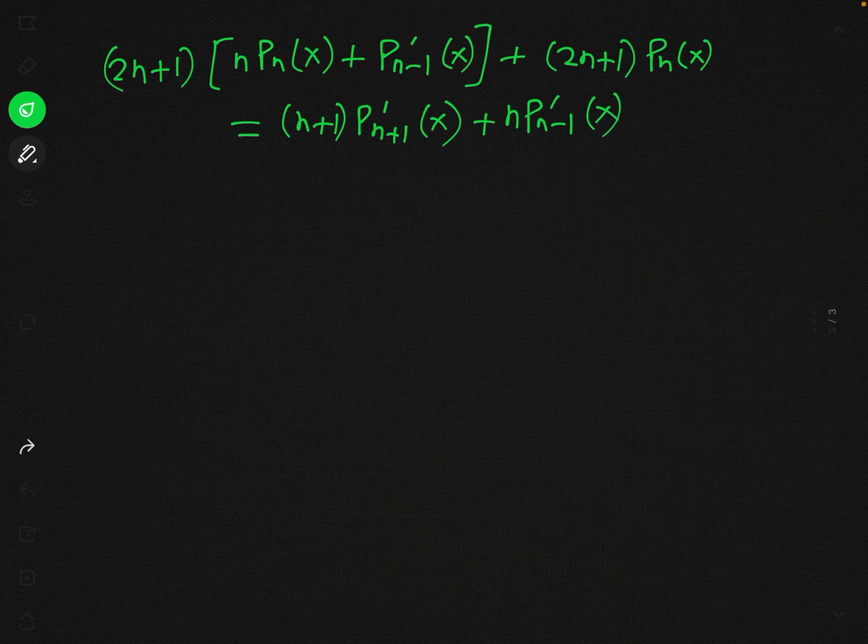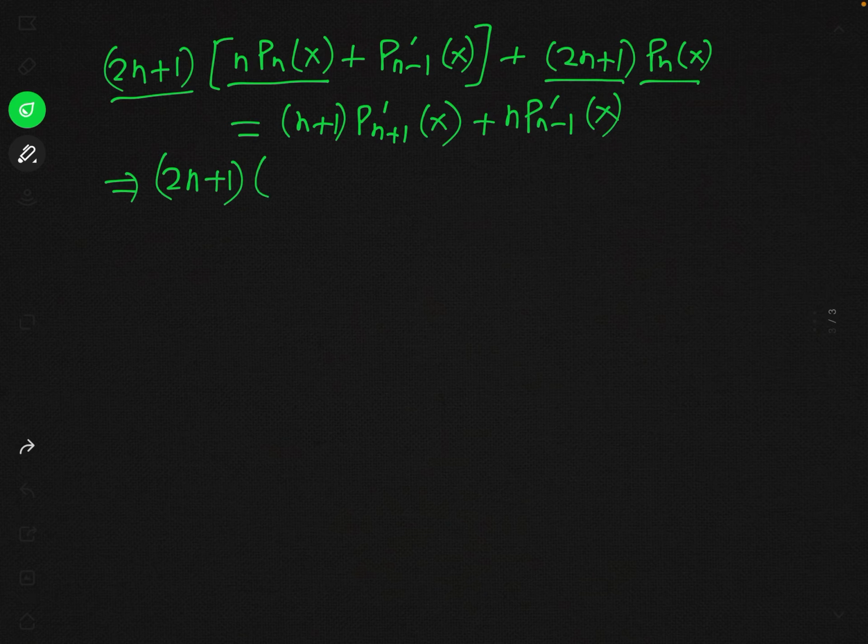So you can see here, in fact, this 2n plus 1 into n Pn of x and this 2n plus 1 Pn of x. In fact, when you will associate these two terms, this 2n plus 1 into Pn of x will be actually as a common factor. So taking this as a common factor, that is 2n plus 1 and Pn of x, we will take it as a common factor.